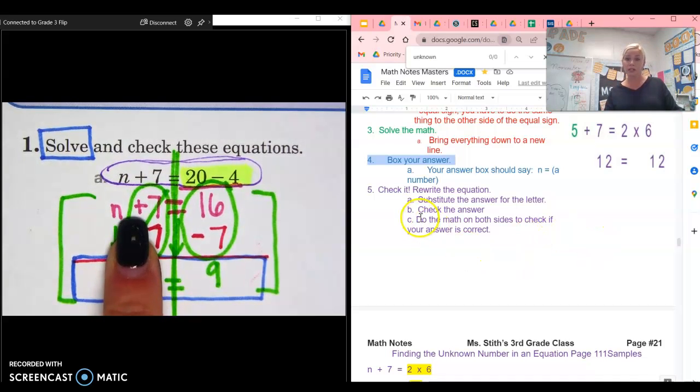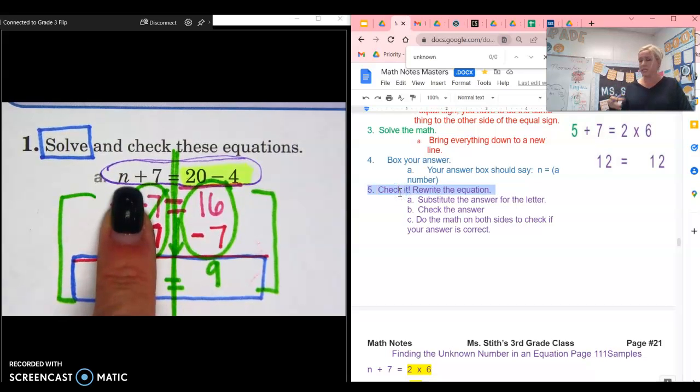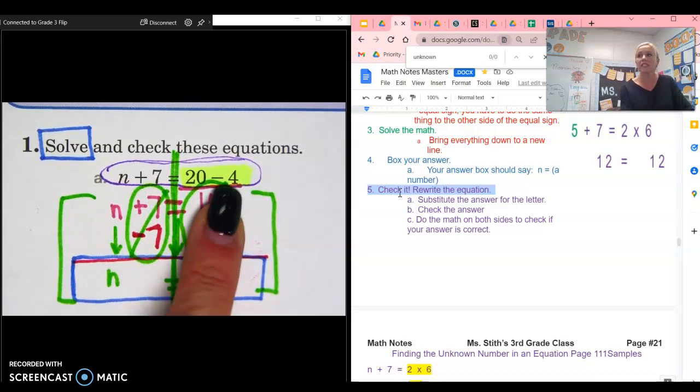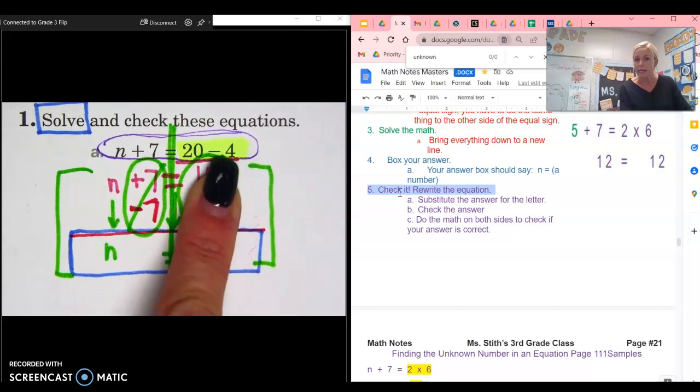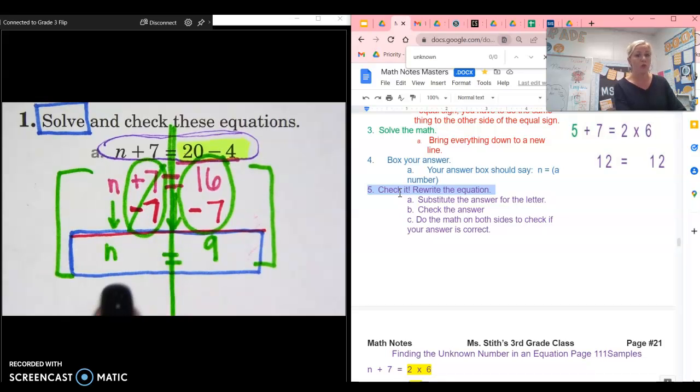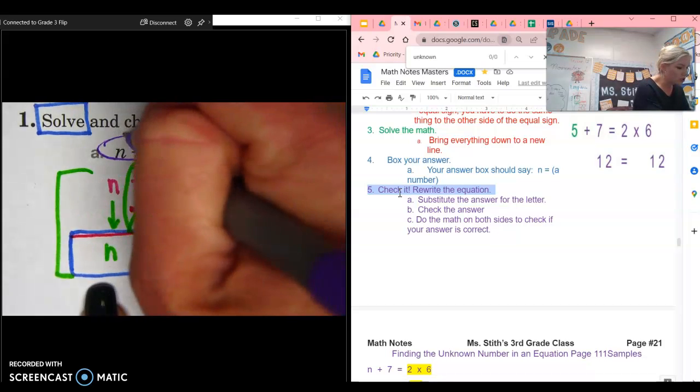But to check my work, I am going to rewrite my equation. Well, the equation we know just means math sentence. Okay, n plus 7 equals 20 minus 4 is what I'm going to rewrite. But I don't want to rewrite it with an n. Now, I want to substitute. What did we say n is standing for? 9. So what I'm going to do is I'm going to do this.